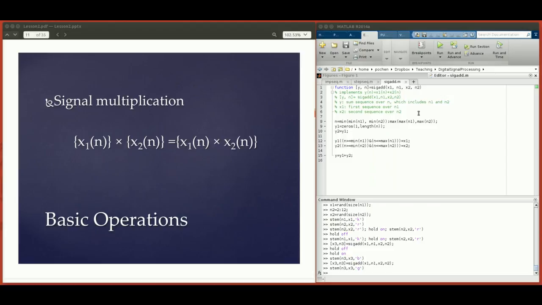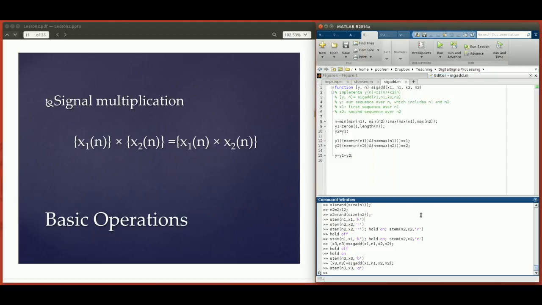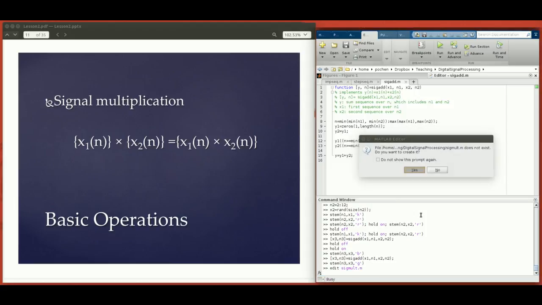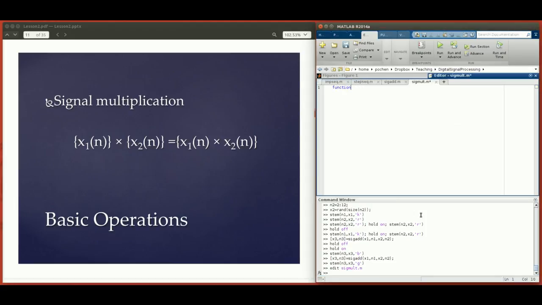But let's write a function that's called sig_mult.m. Yes. So again, function, and then the output signal y and n equals sig_mult x1, n1, x2, n2.